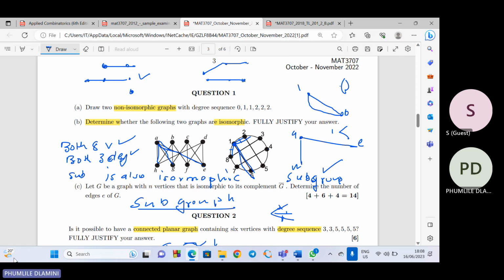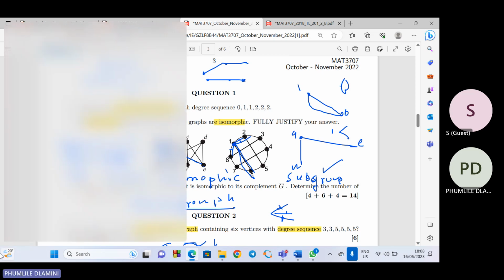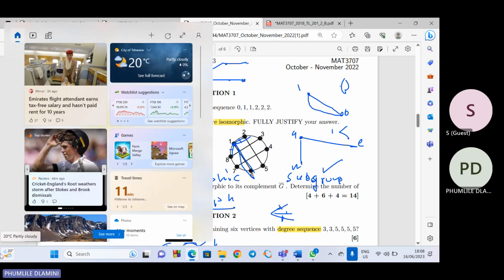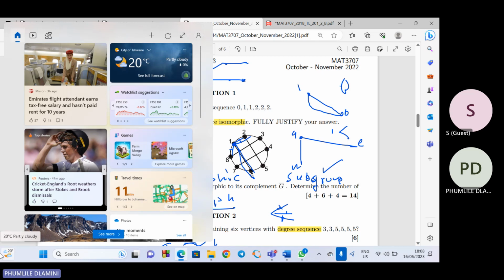Okay, let G be a graph with vertex set and edge set. Define the component of G. For this one, I think in our next class we're also going to do this one for 2015.